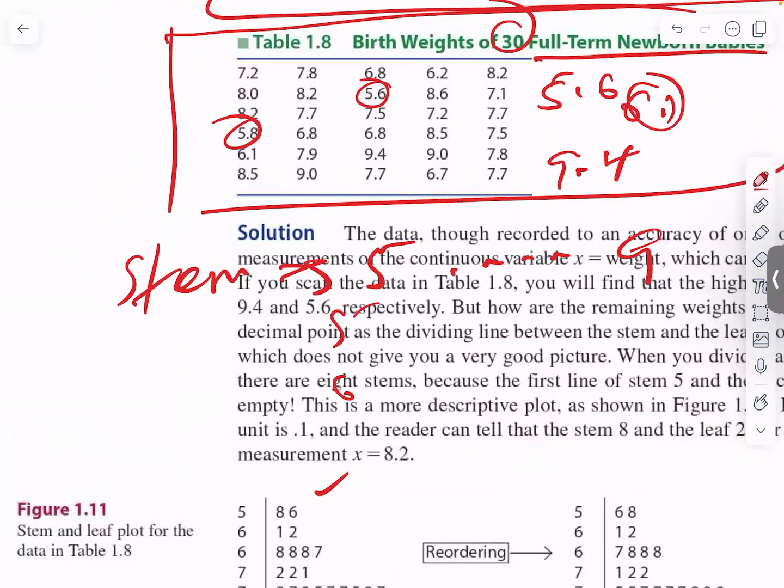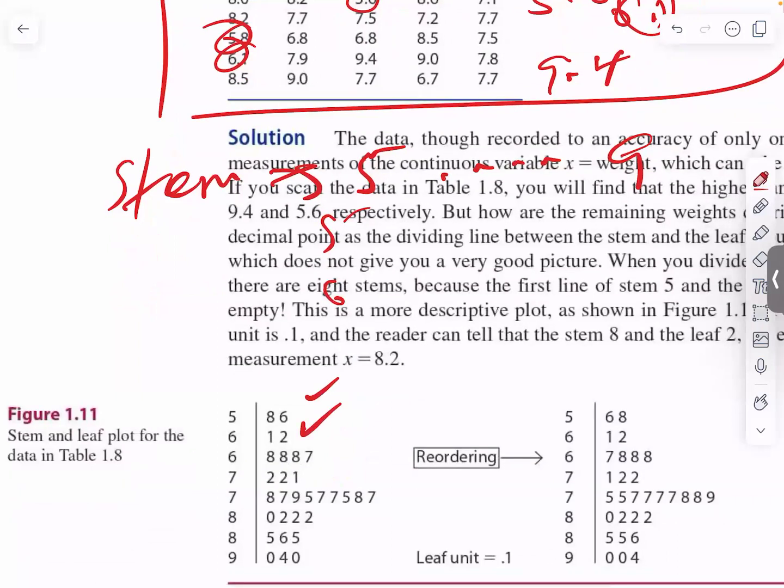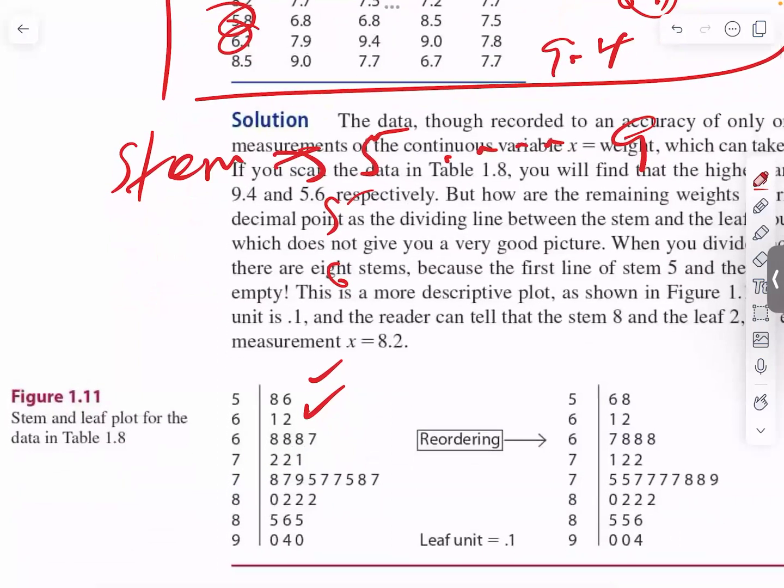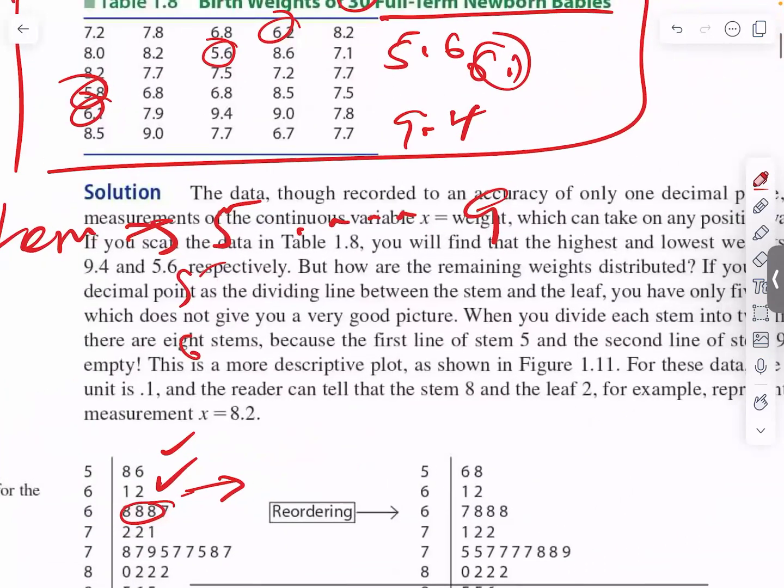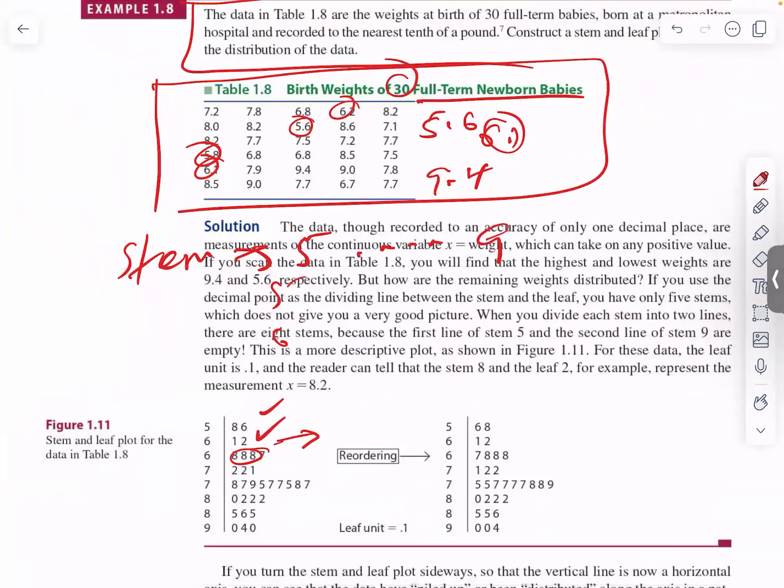And where is that? 6.2, 6.1. They are here. Yeah, or you may choose to put all these right here. Okay. But for this type of data, it's more meaningful if you separate them. So it is also valid.